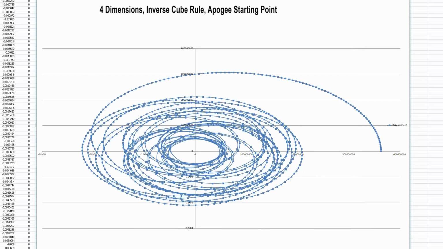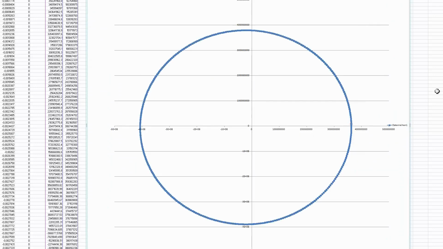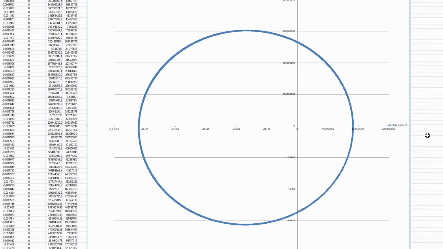And that means that if you take any sphere with the gravitational source or the object with mass in the center, then the gravitational pull at that sphere's surface has to be inversely proportional to the actual surface area of that sphere.